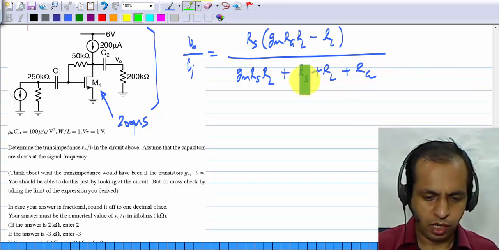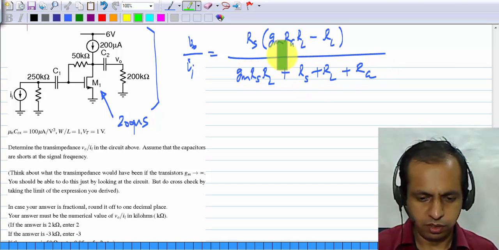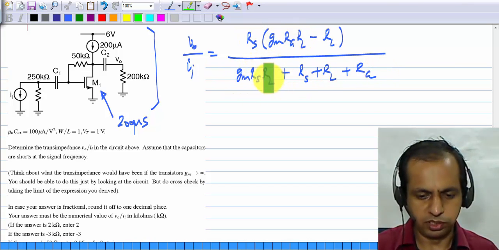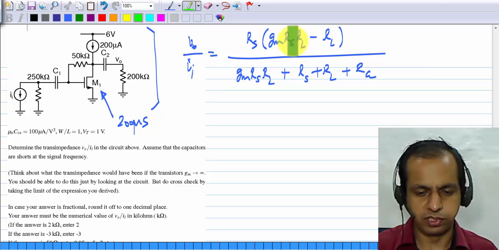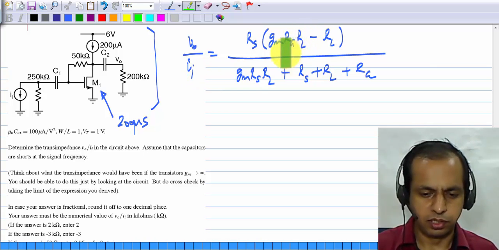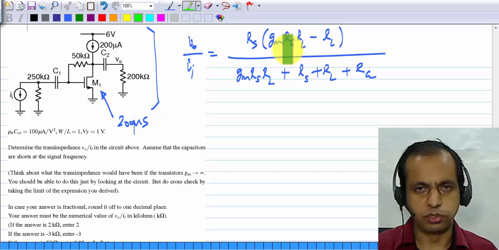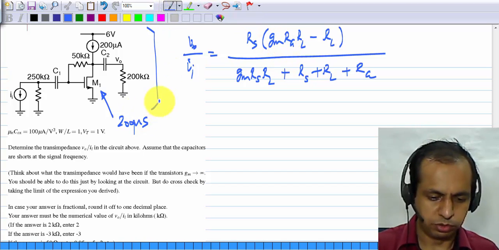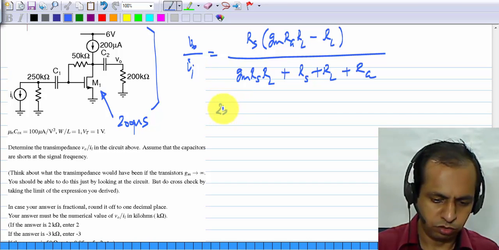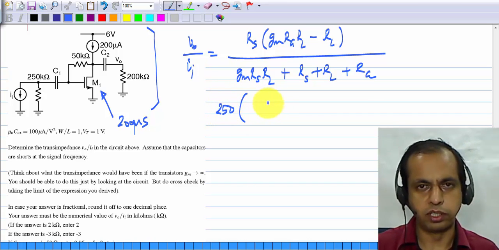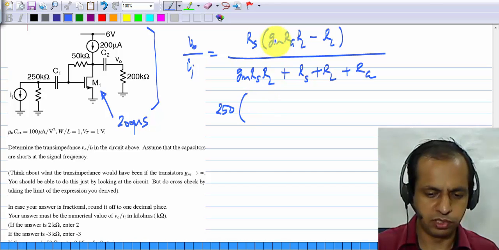Now if Gm tends to infinity, then this term will dominate and this term will dominate, and you will get V0 by Ii exactly equals Rg. In this case, Gm is not infinity, so you have to substitute basically Rs, which is 250 kilo ohms. I will use kilo ohms and millisiemens.